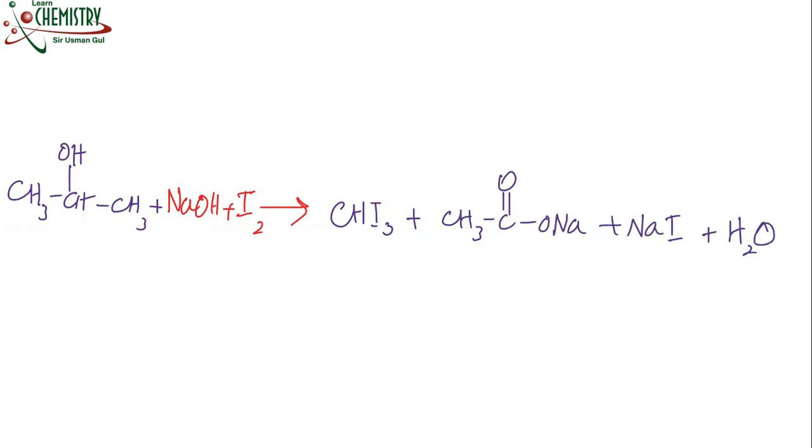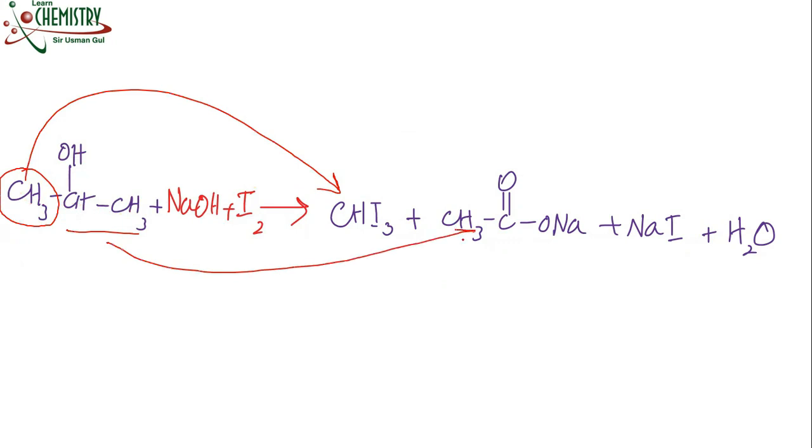Now let me give you a very important tip regarding how this reaction can be completed. Whenever you see in a compound 3 carbons, one CH3 group converts into iodoform, and the remaining part gets oxidized, forming a sodium salt of a carboxylic acid.